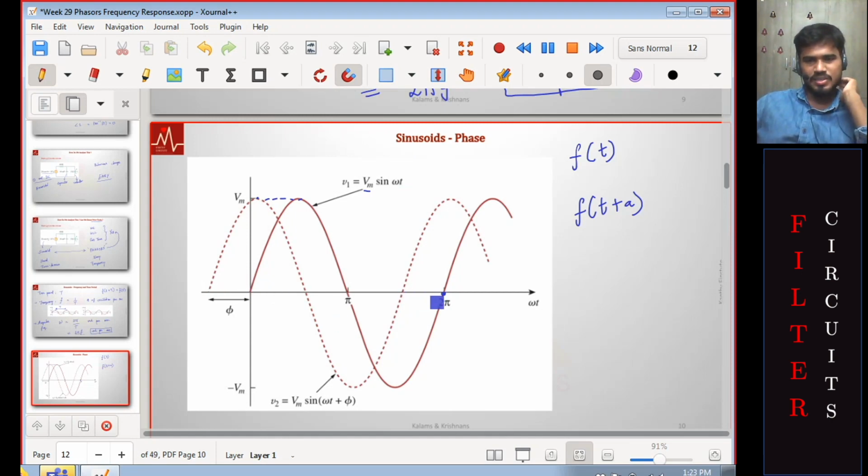Notice this particular curve, Vm sine omega t, we already know omega is 2 pi by T. When t is T, essentially we have 2 pi, right? So one time period here is exactly 2 pi.